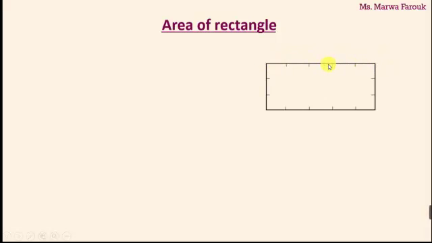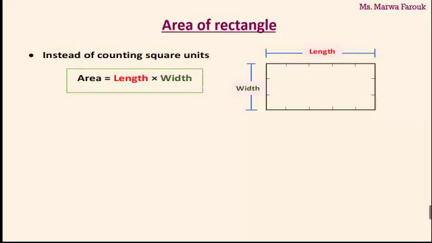The number of columns is called length. And here the number of rows, we can call it width. The rectangle has the same shape as the array, so we can say that the area of the rectangle equals length times width. So instead of counting square units, we are just going to multiply length by width.